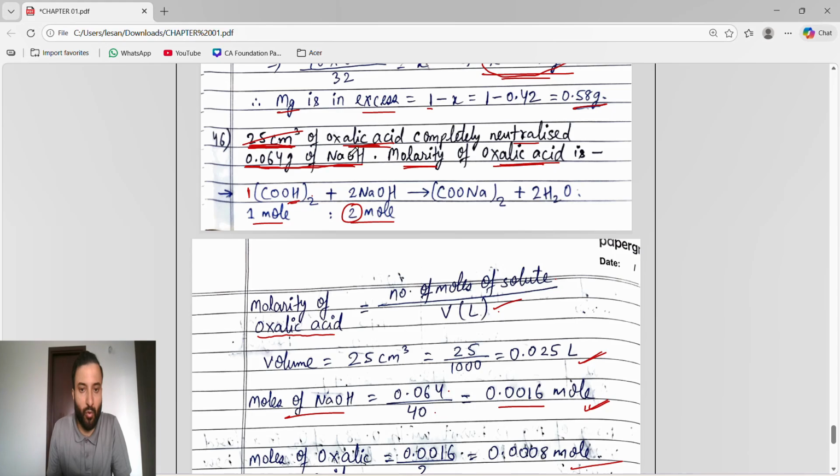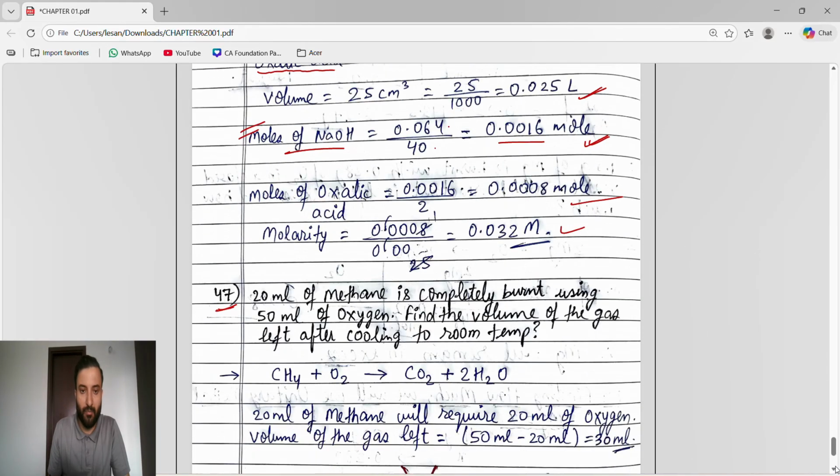So given mass by molar mass, we will find the moles of NaOH. And we will compare here. Moles of oxalic acid is 1, moles of NaOH is 2. It means mole of oxalic acid is nothing but half of mole of NaOH. So the mole of oxalic acid is mole of NaOH divided by 2, we will get this much. Then we will find the molarity.